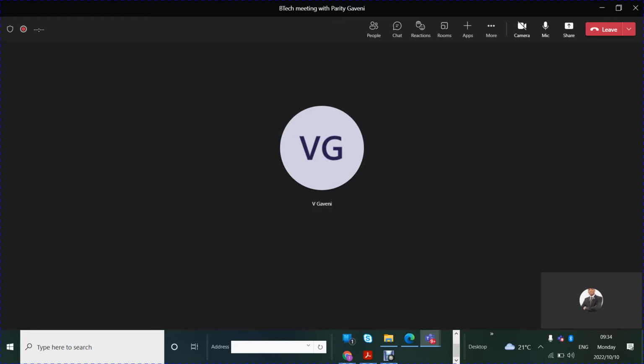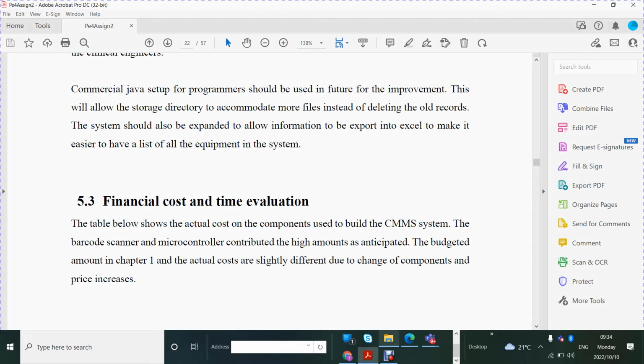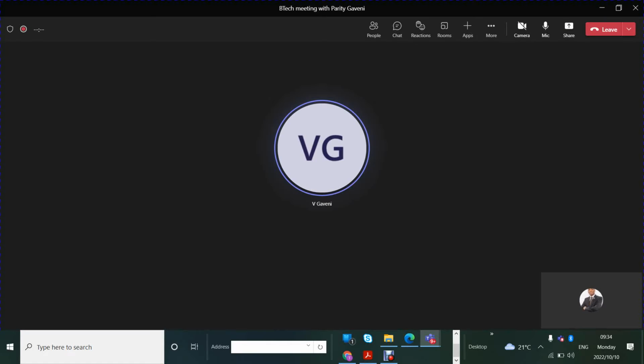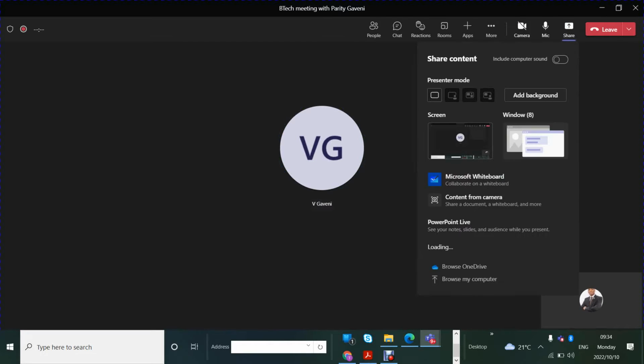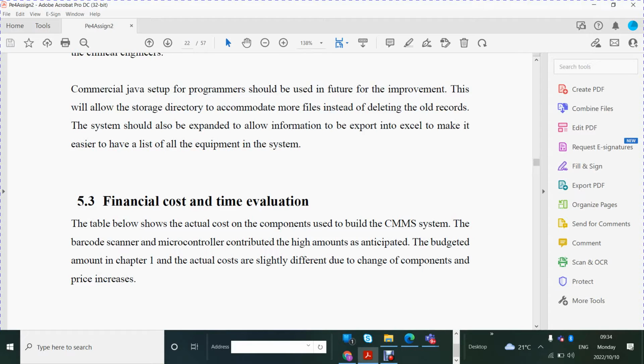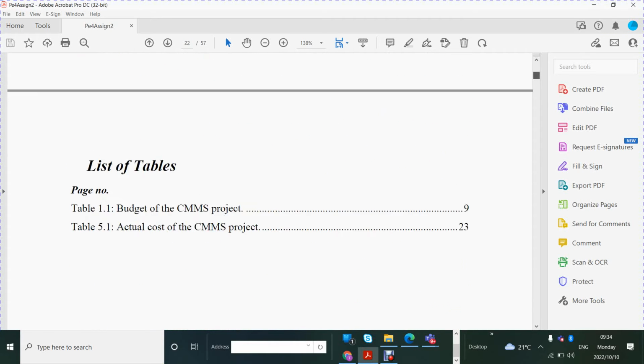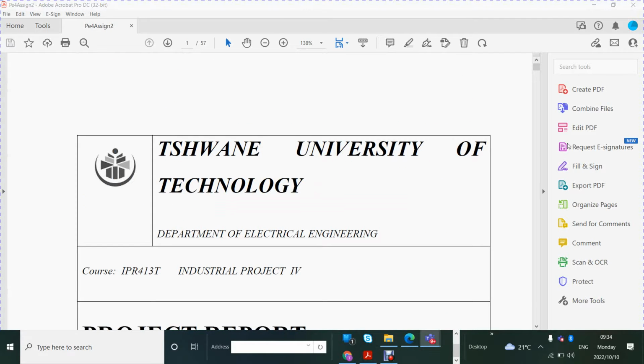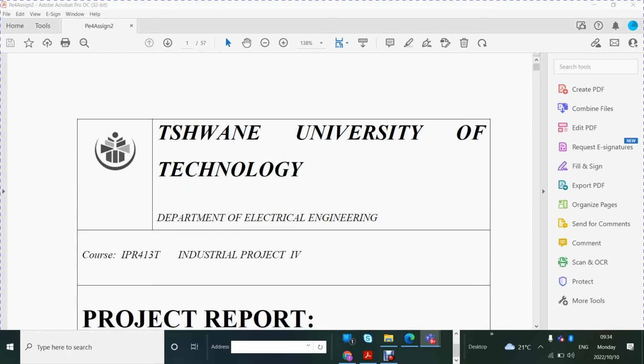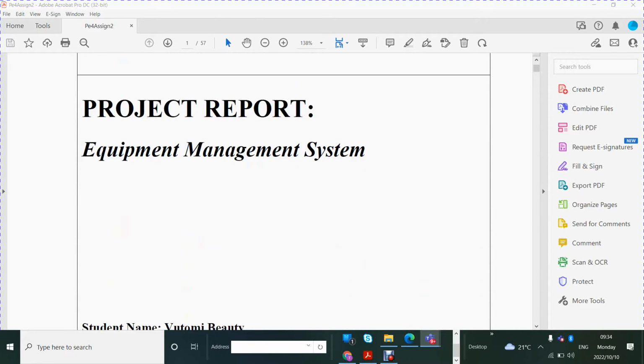great. So let's have a look at the document that you sent, so that we can start suggesting possible corrections. Okay. So this is your document, right? The one you emailed. Yes.